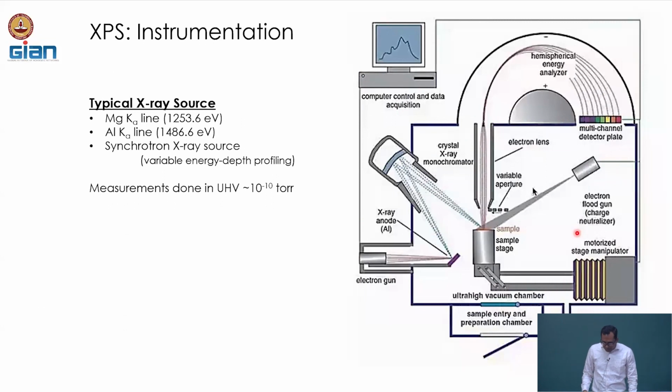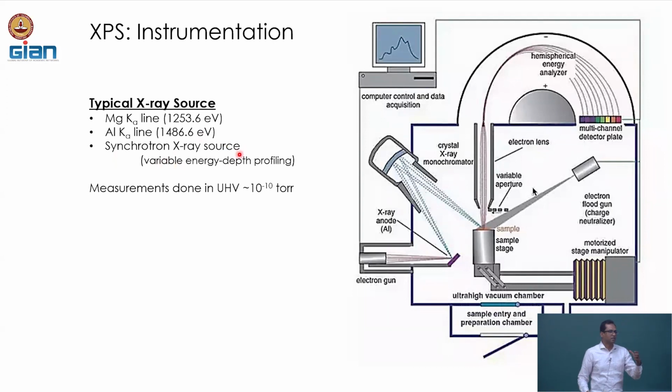Some of the typical X-ray sources are magnesium or aluminum K alpha lines, and they are about 1.2 and 1.5 kilo electron volt each. There are synchrotron X-ray sources, and just like in XRD, these are really powerful X-ray sources, and they have tunable energy.